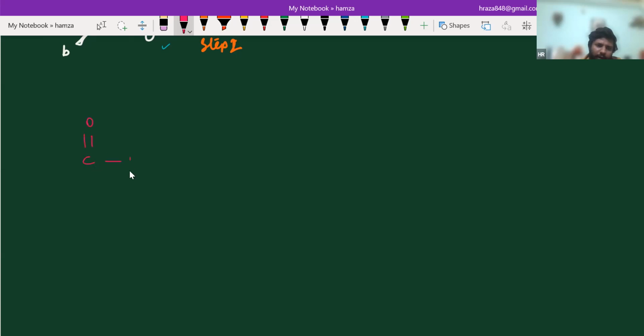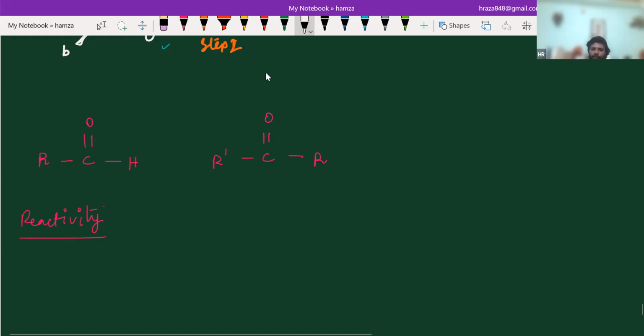This is your aldehyde and this is your ketone. Which one is more reactive towards nucleophilic addition reaction?